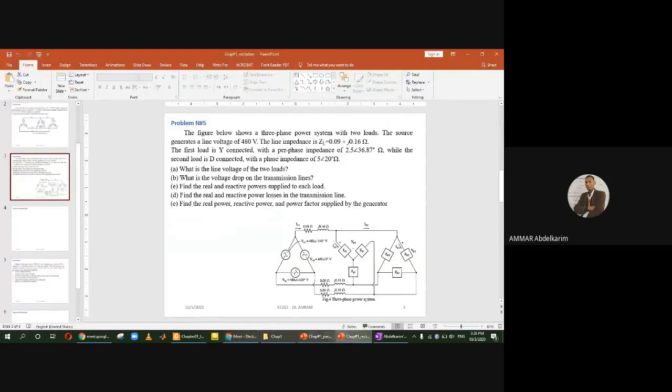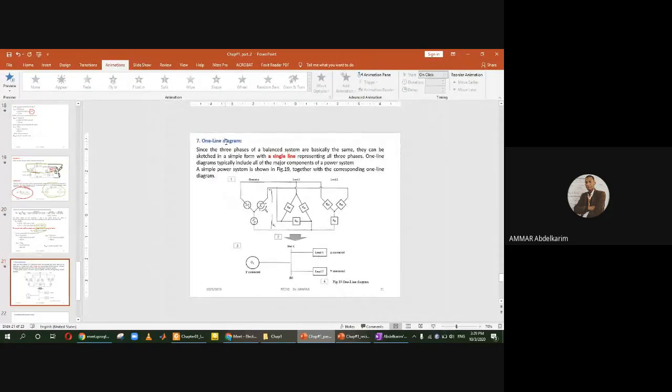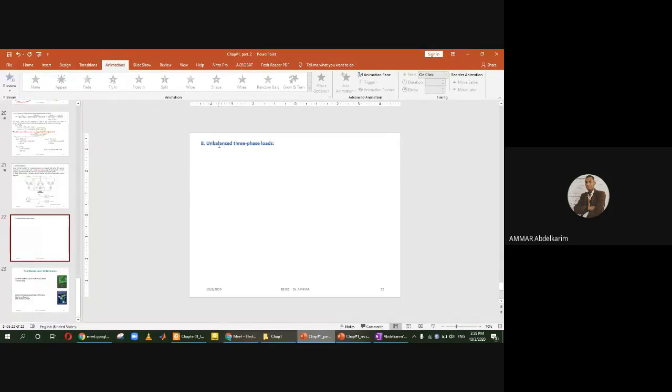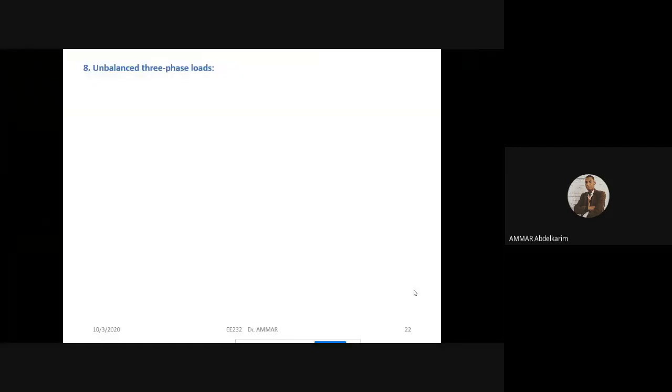We have another point called the one-line diagram. We are going to see it inshallah next time. The one-line diagram, what does it mean? And the last point in this chapter is the unbalanced 3-phase load. This point will not be taken this year at least.